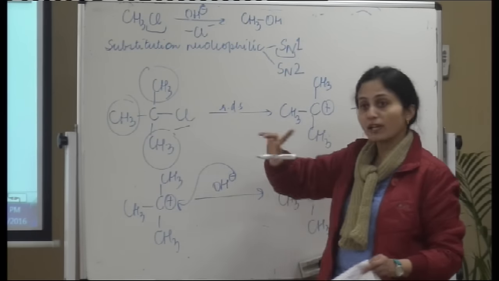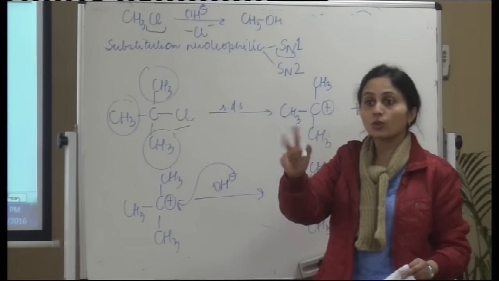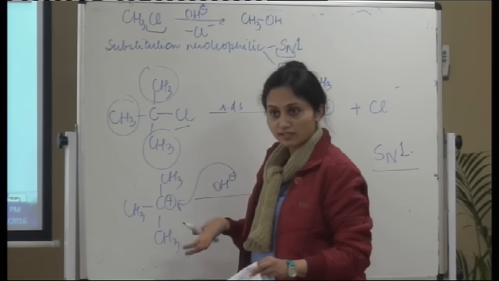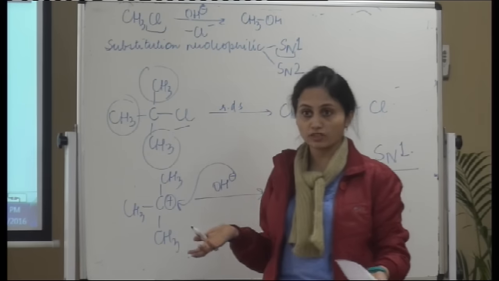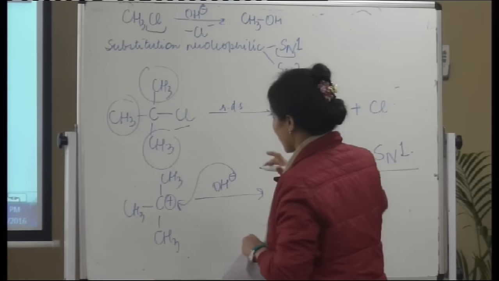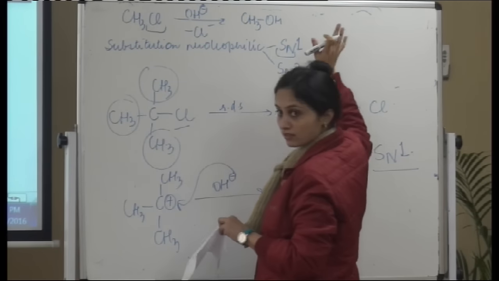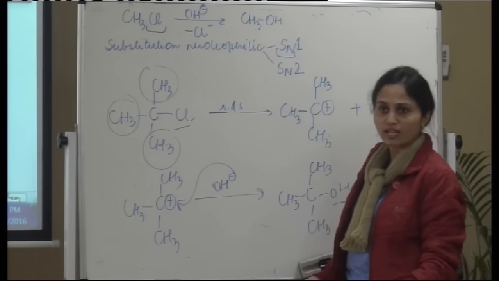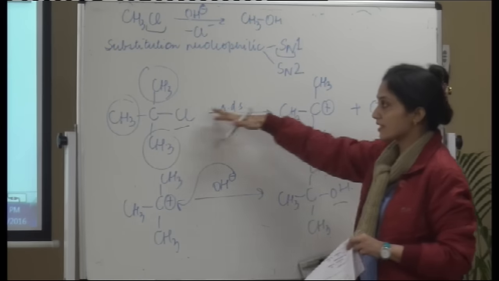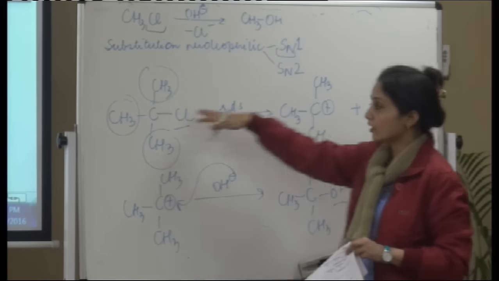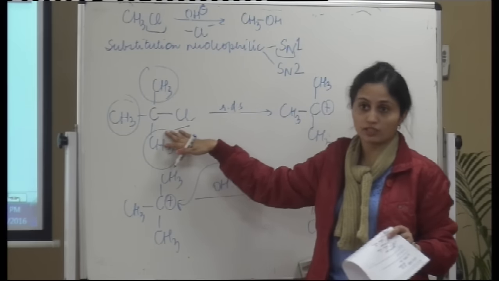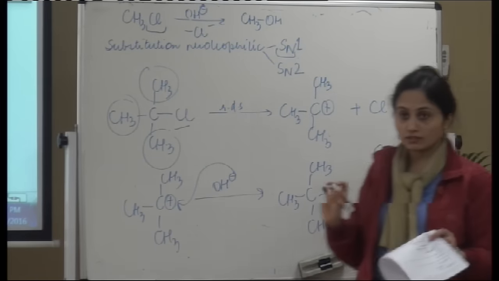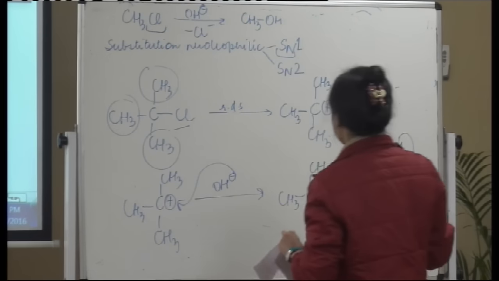Had it attacked, we would have had two reactants. Which two reactants? One is our alkyl halide and the other is our OH minus reagent, which may have been KOH, NaOH, whatever. So in this case, your Cl minus leaves first. Once Cl minus has gone, our carbocation is generated. Then it's like the normal reaction that is happening. So because this is substitution nucleophilic and you have only unimolecular, this means it is a unimolecular reaction. That is why this is SN1.